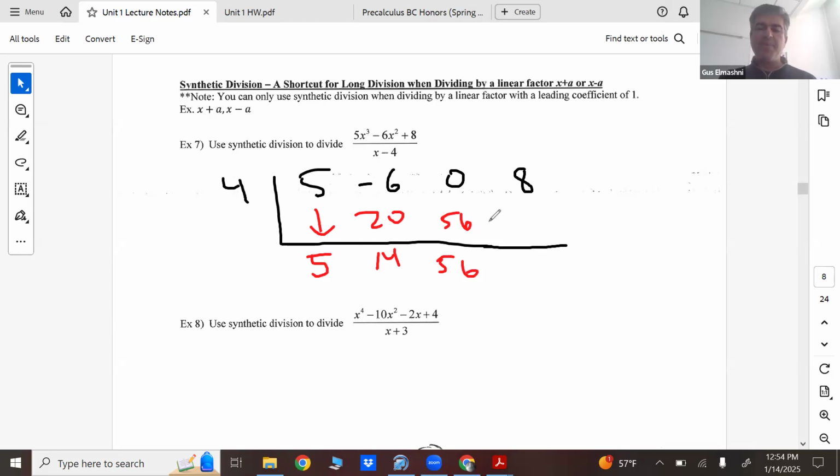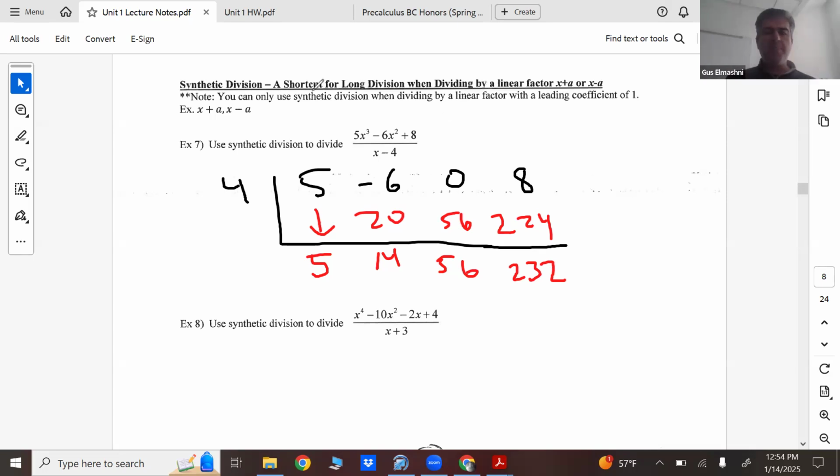It is easier, I think, doing it this way. Where I think the box method helps is when you can't do synthetic division, when it's not linear, like x squared, or a coefficient that's not 1. You could do synthetic division, but you have to factor.